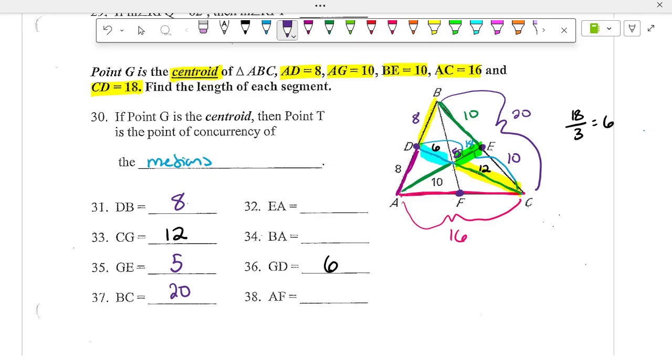We already found the small piece to be 5, the large piece to be 10. So what's the whole piece? 15. BA, what's the length? 16. And then finally AF. So if the AC is 16, that means AF is what? 8. There you go. Now you can pack up.